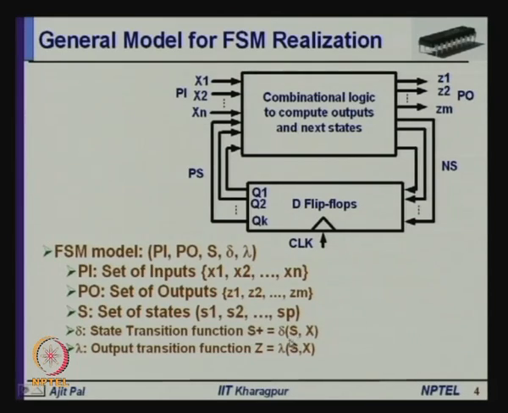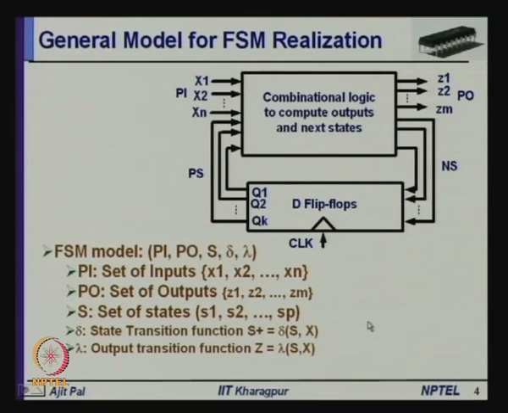That means it is a function of state and the present input. Similarly, for the output function, whatever output it will produce, Z, capital Z, is essentially the combination of Z1 to Zm. That is a function of again the present state and the primary inputs. So, this is the generalized model.